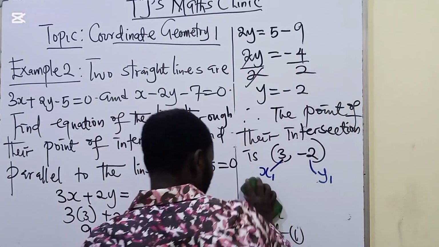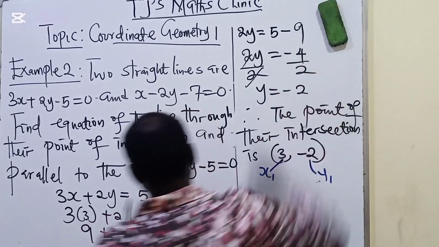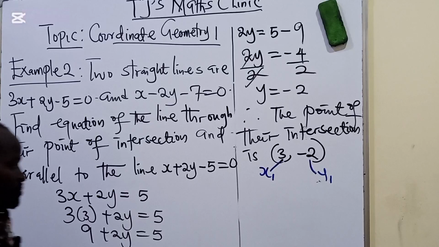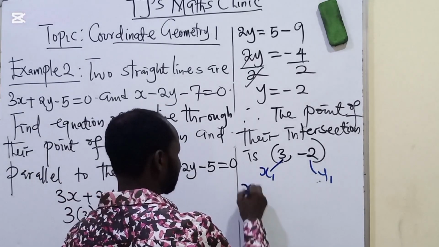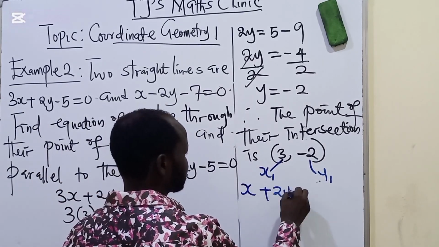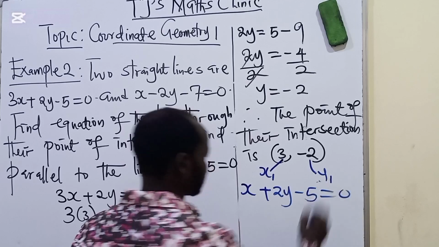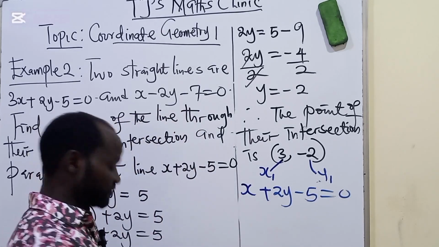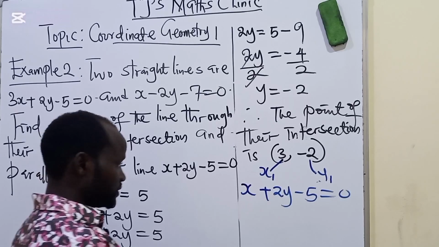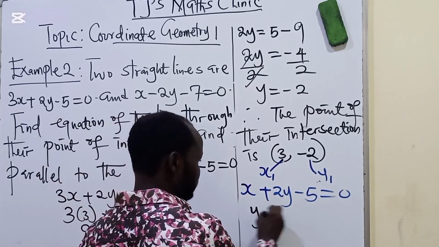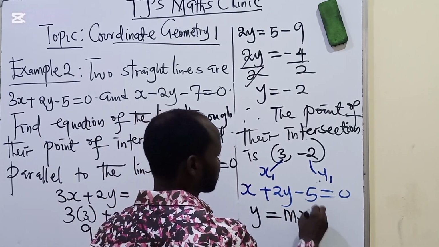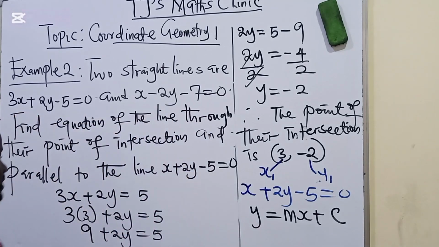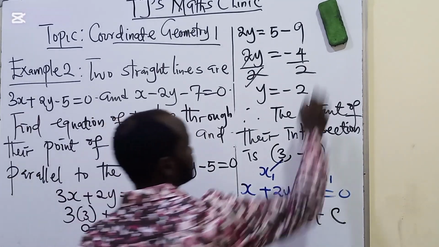Then the next thing to do is to use this. The question says the line through the point of intersection is parallel to the line x plus 2y minus 5 equals 0. So we have to transform this into intercept form. Recall that the intercept form is given as y equals mx plus c, where m is the slope and c is the intercept. So we need to find the slope.